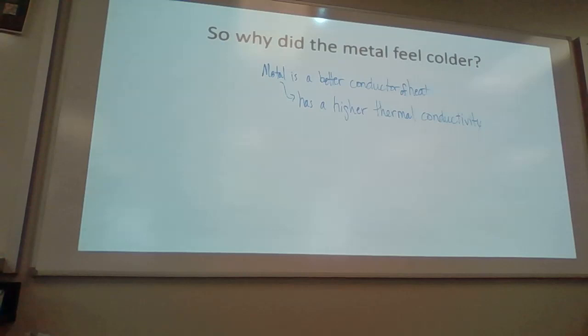Now, you might be thinking, conductor, is that like electricity? There are some correlations, but it is definitely not a one-to-one thing. They're caused by different things. So metal is a good conductor of electricity. It's also a good conductor of heat.